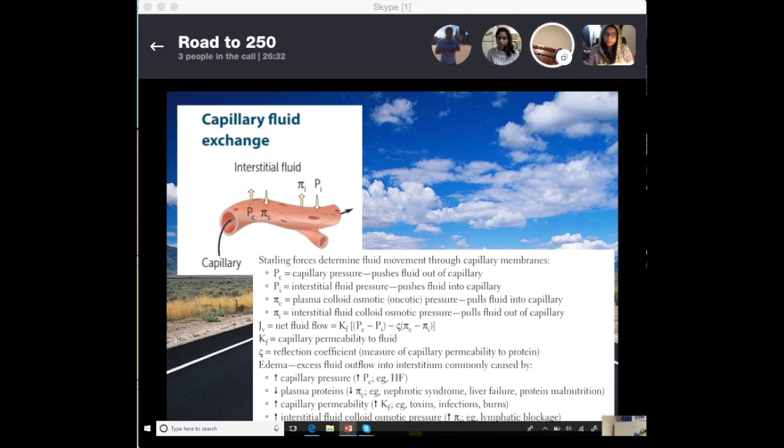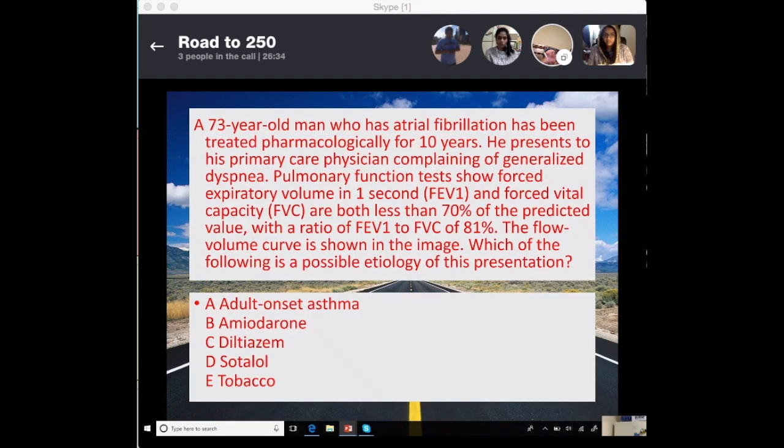Okay, got a couple questions for us now. We have a 73-year-old man who has AFib and has been treated pharmacologically for 10 years. He presents to his primary care physician complaining of generalized dyspnea. Pulmonary function tests show that the FEV1 and FVC are both less than 70% of the predicted value, with an FEV1 to FVC ratio of 81%.